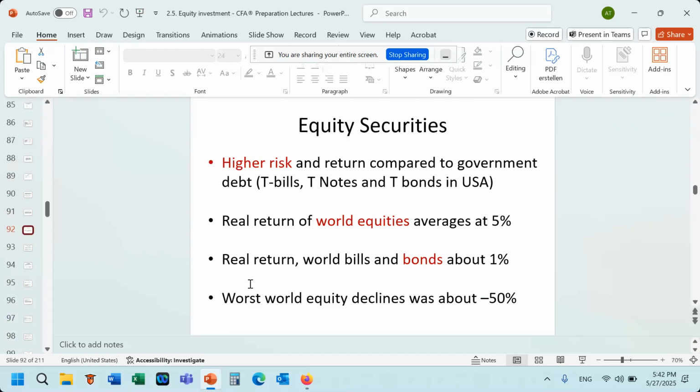Some statistics that is useful in a CFA exam. On average, the equities or stocks of various companies all around the world pay about 5% over the years. And this is after adjusting for inflation. If you look at industrialized nations of the world and you adjust for inflation, the pay on debt is 1% or less.